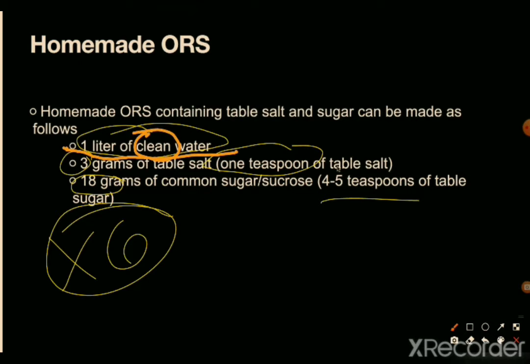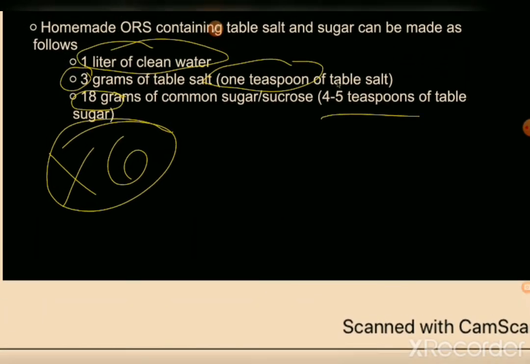And then 3 grams of table salt, or equivalent to 1 teaspoon of table salt. Then 18 grams of common sugar or sucrose, which is also equivalent to 4 to 5 teaspoons of table sugar. That would be our homemade ORS.